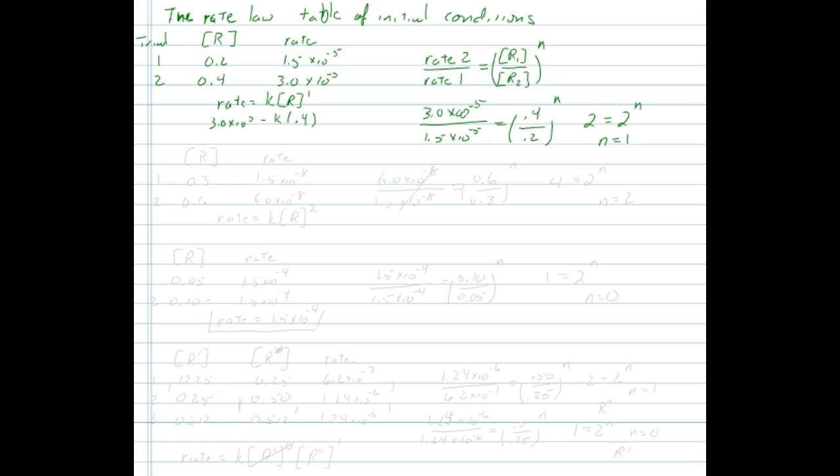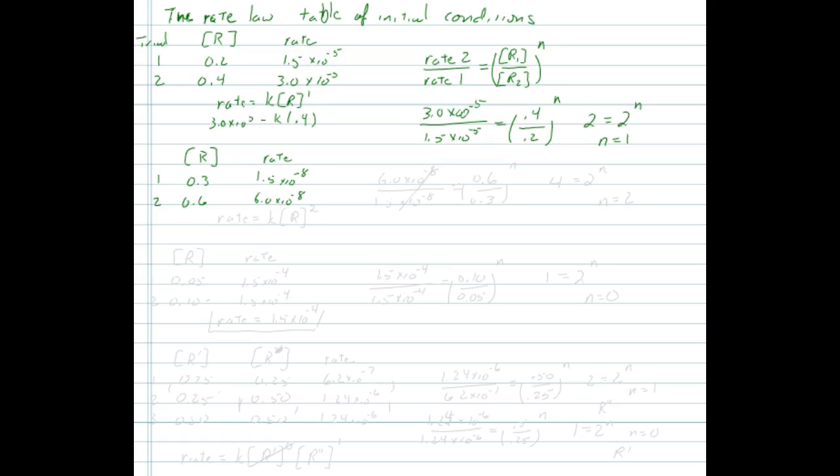Let's do another example. We have trial 1 and trial 2. The initial concentration of the reactant and the rate: 0.3, 0.6 moles per liter, 1.5 times 10 to the negative 8, 6.0 times 10 to the negative 8.